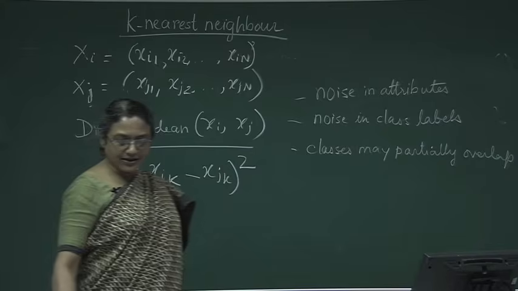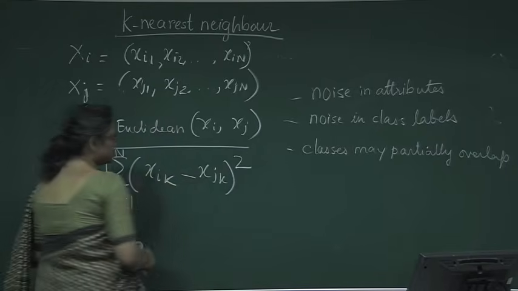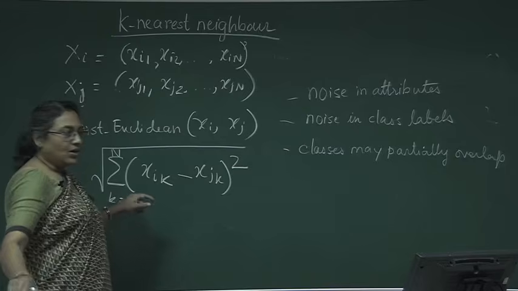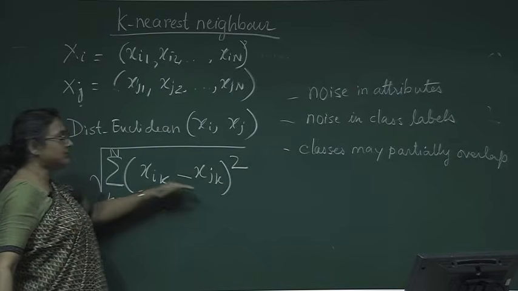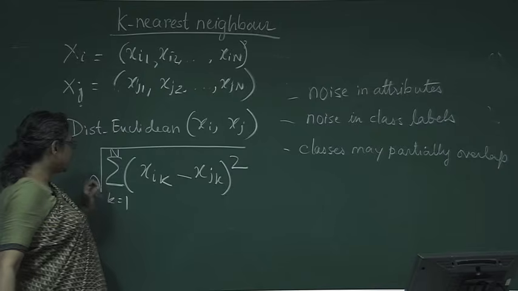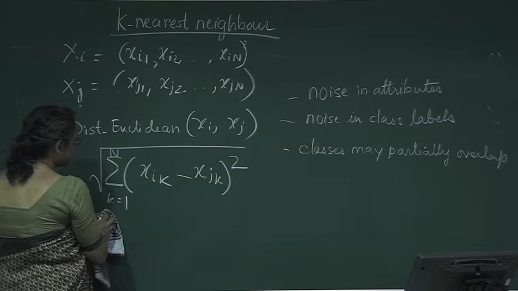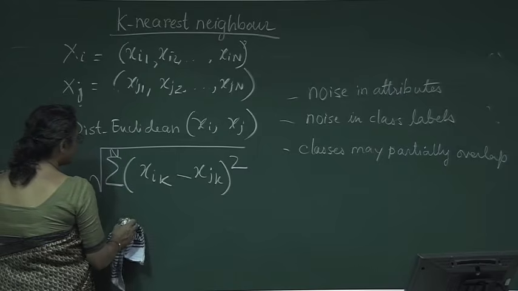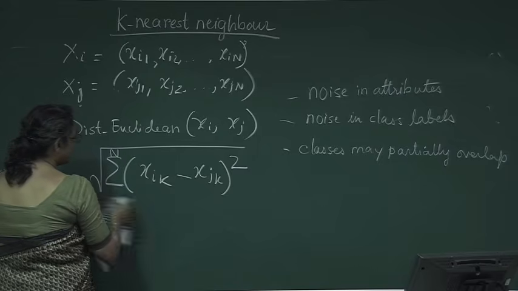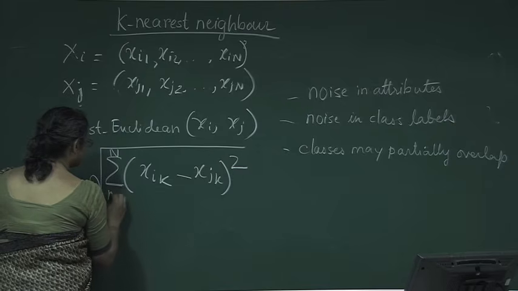Now, the second thing we will worry about is that in the Euclidean distance, we are taking the root over the sum of squares of the distance for each attribute. Let us not use k here, because k is used for k nearest neighbor, but we are talking about an index variable. So, let us use m.